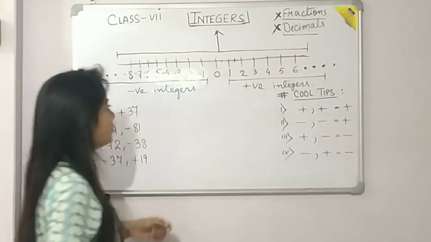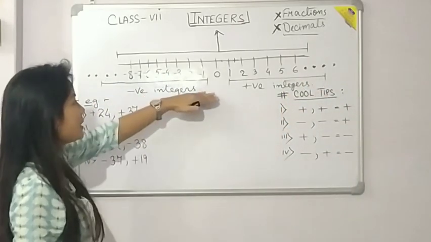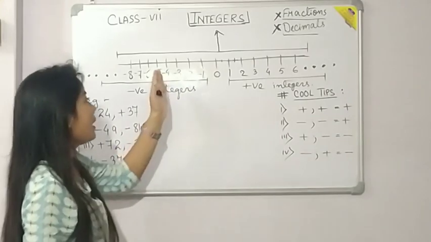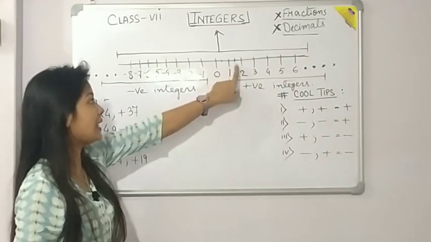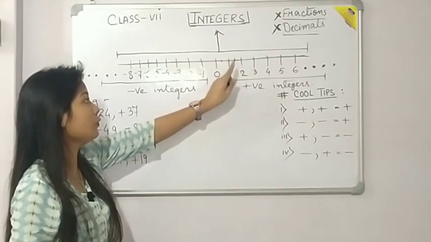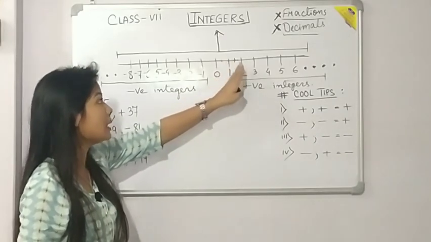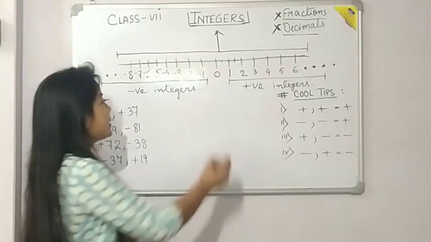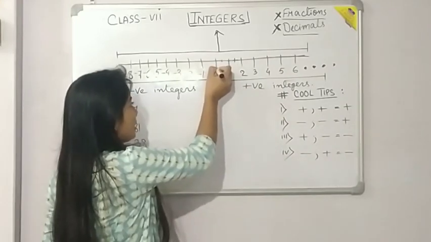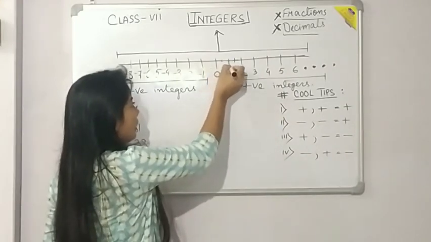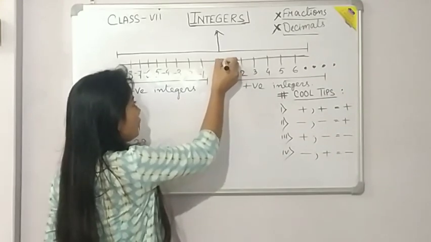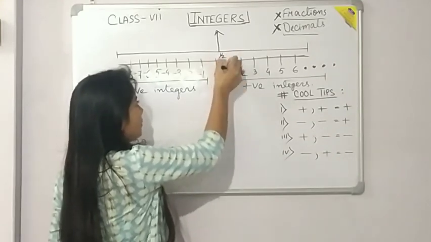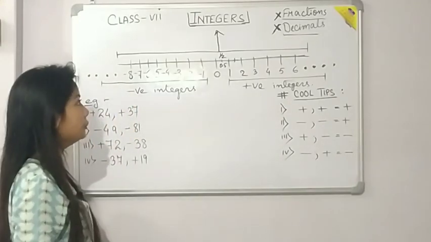Alright. So I think all of you have understood up to this much. Now, as I have said about the number line, there must be some decimals or fractions in between two numbers. In between 0 and 1, we will have 0.5, which as a fraction becomes half, 1 by 2.